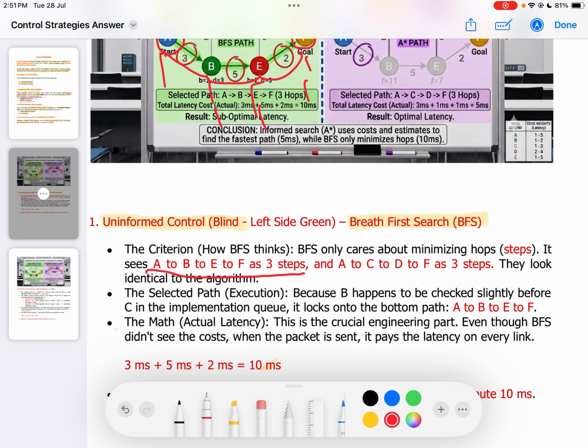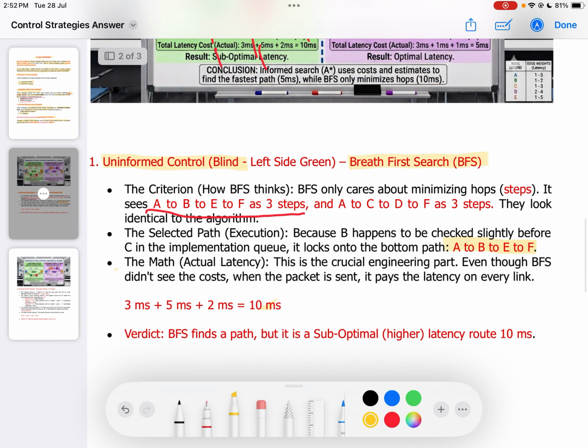Top route is three steps, bottom route is three steps, so it takes A to B, B to E, E to F, which is the goal. It looks practical and looks like the shortest path.